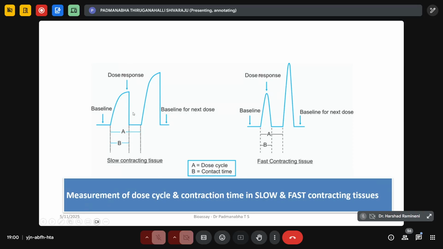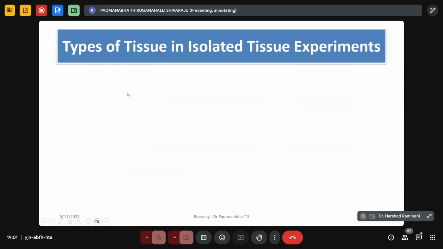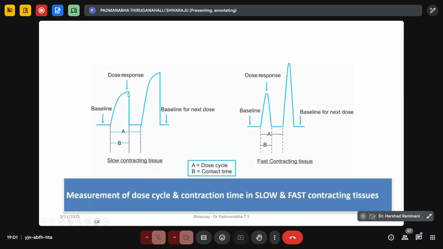Here you can see that A is the dose cycle from the initial baseline. You get a baseline before injecting, you inject the drug, then you get a response, you stay for some time, and it comes down to the baseline. Until the next dose administration it is a dose cycle, and B is the contact time. B tells you how much concentration of drug is required to produce this response.